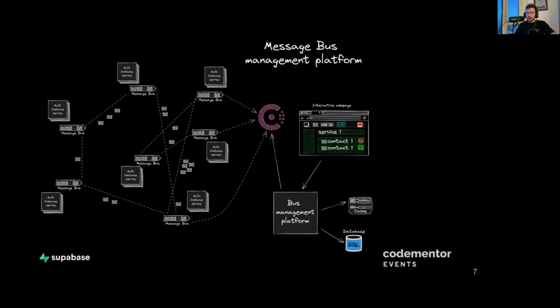Another example I was working on in another company, a pretty huge and profitable fintech company, was a message bus management platform. The backend there was a microservices backend, and we had an internal development department that was doing infrastructure development there, and my department was responsible for the message bus.